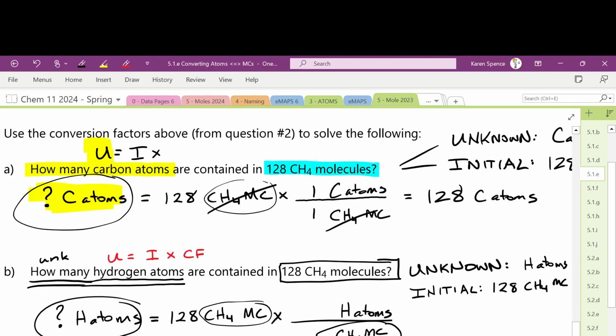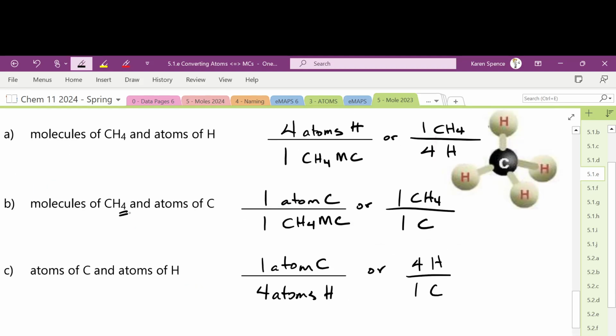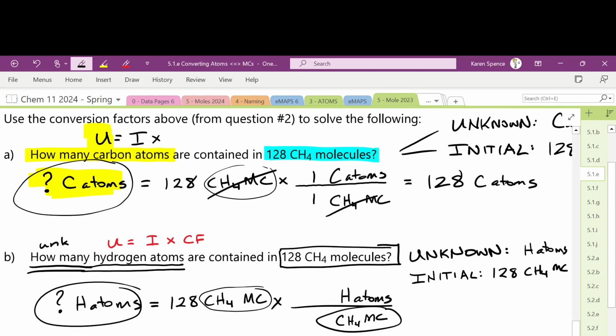And we figured out, we looked at CH4. There's 4 hydrogen atoms in 1 CH4 molecule. 128 times 4 is 512 H atoms. Is that good? Okay.